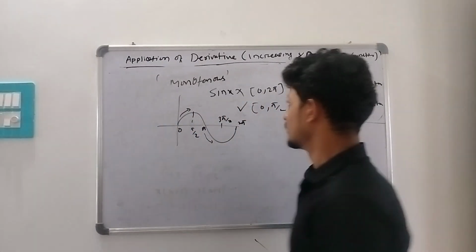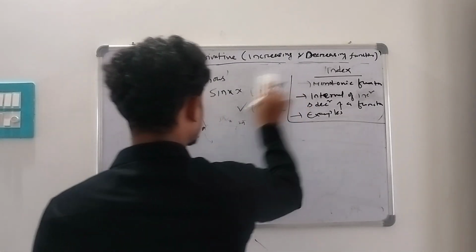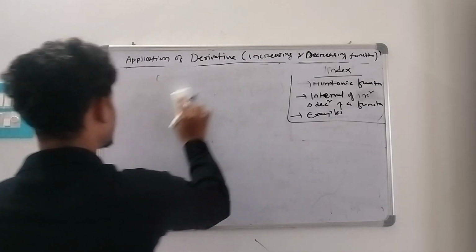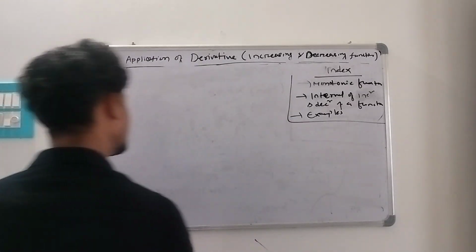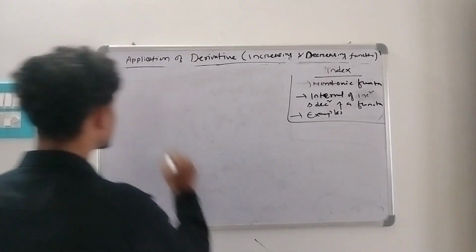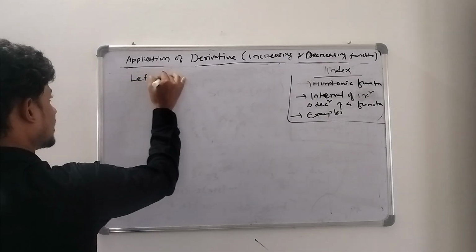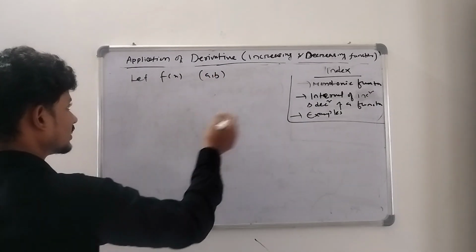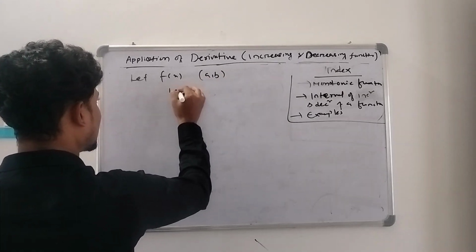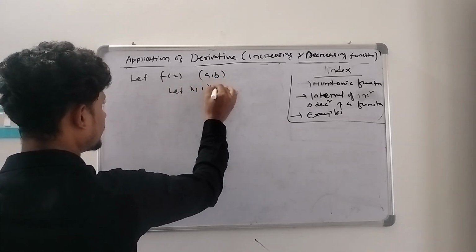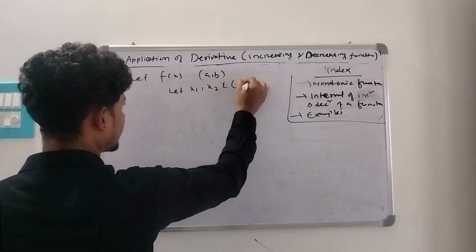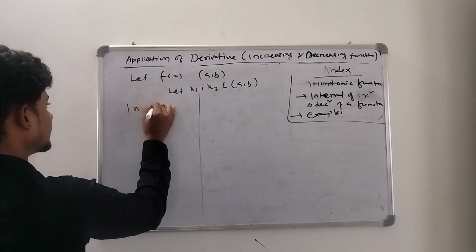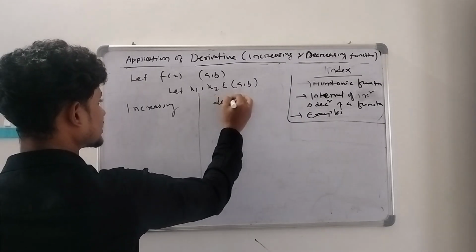Okay? So now, according to the definition of a monotonic function, a monotonic function can be of two types. That means it can be strictly increasing or strictly decreasing. So let us take a function f of x defined on an open interval ab. Let me take two arbitrary elements from its domain ab, and then I can define the increasing and decreasing function.